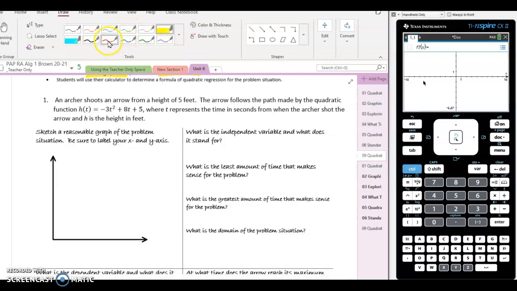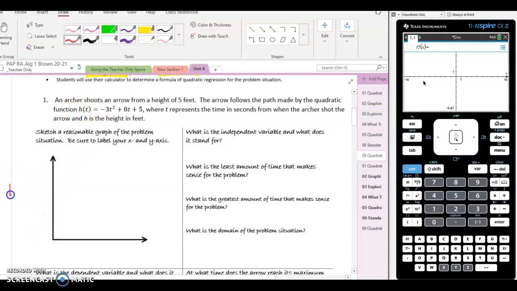Hang on just a second. The first thing we need to do is determine which one is going to be our x-axis and which is going to be our y-axis. So we know that h of t means that t is what's going to determine the h, the height.